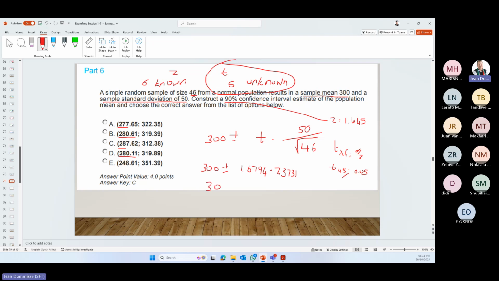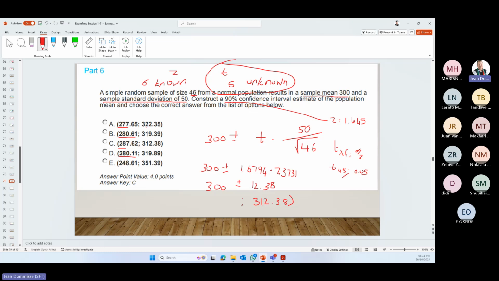I just want to check my answer, but it's 12.38. Let's just see. They keep it at 2 decimals, so I'm going to keep it at 2 decimals as well. So the top level, 312.38.